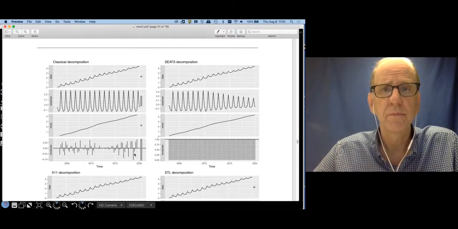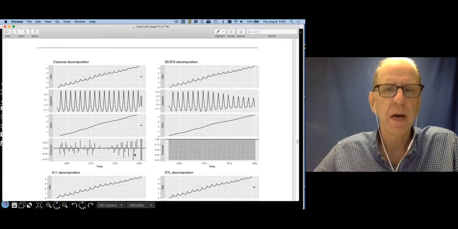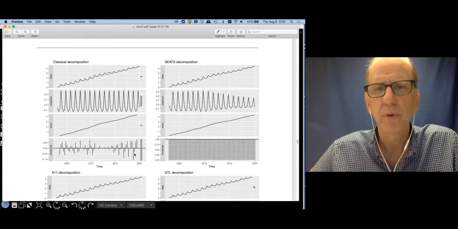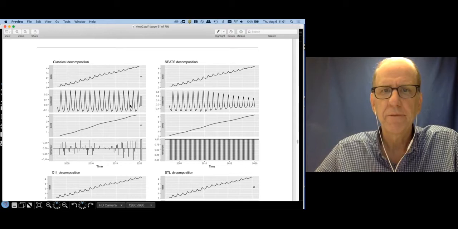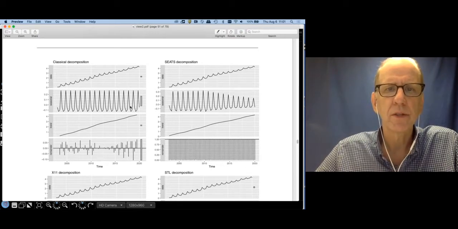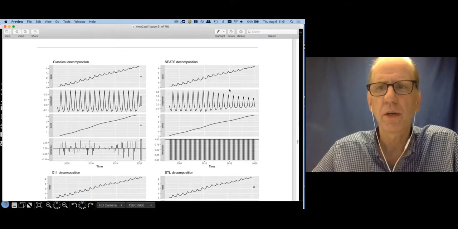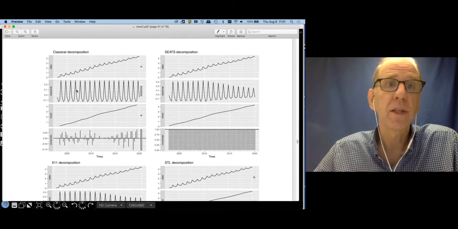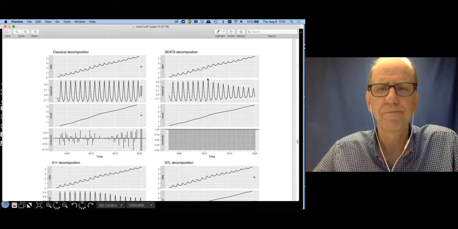We already know that from the BoxCox.lambda function, where we found the optimal lambda to be about 0.17, where 0 would be log. So what I'm uncovering is the fact that I've used a slightly too strong Box-Cox transformation when I chose the log, but you don't see that with the classical decomposition. You do with these other 2 decompositions.